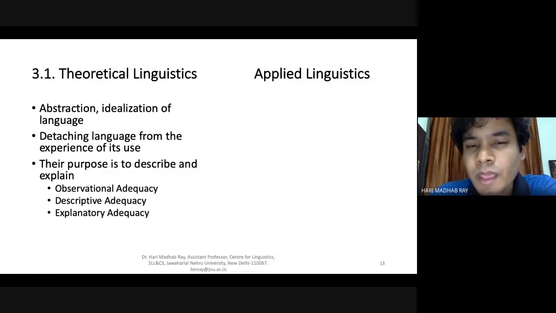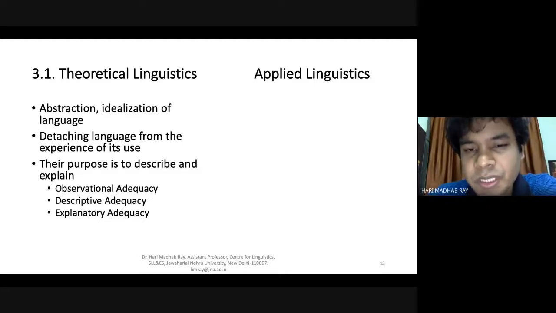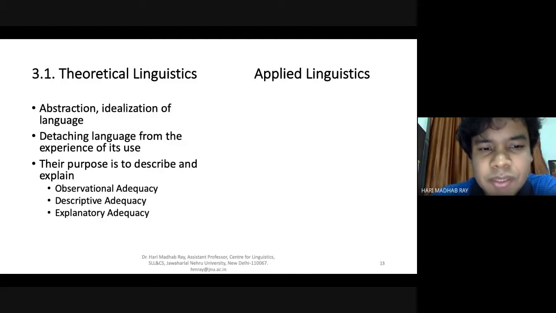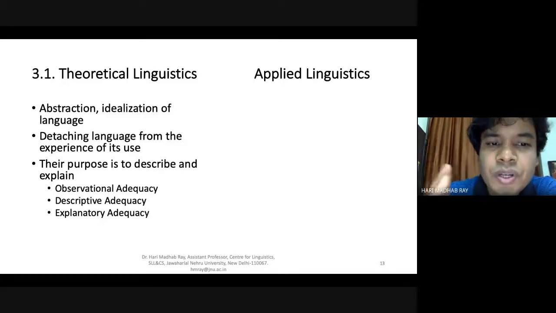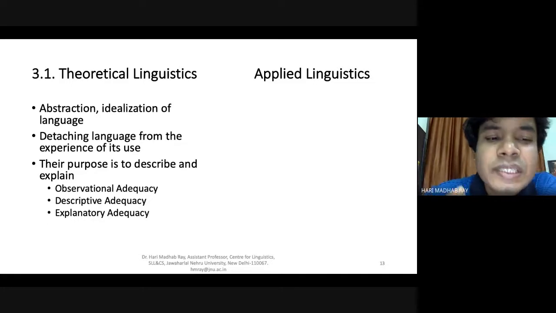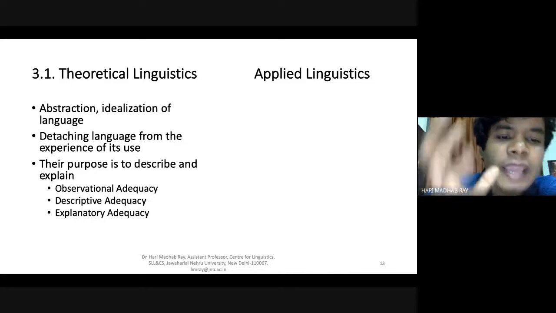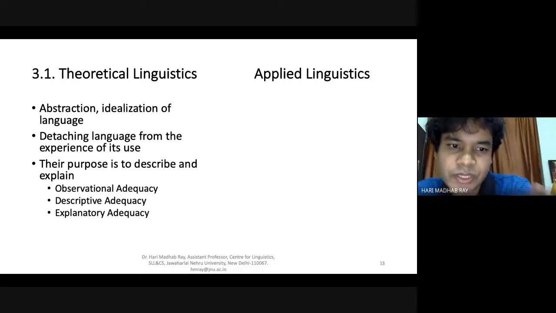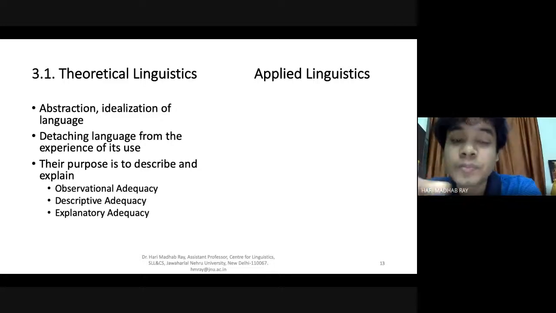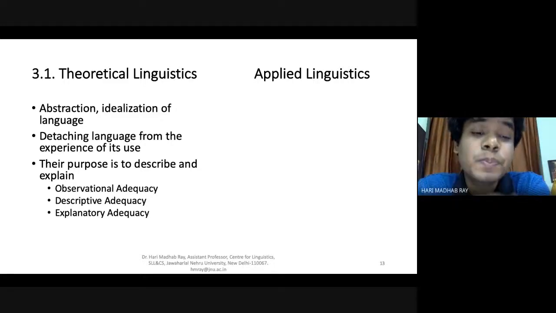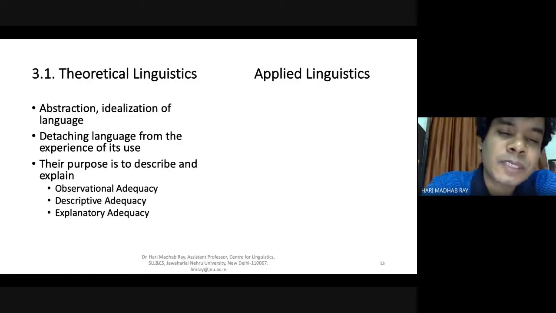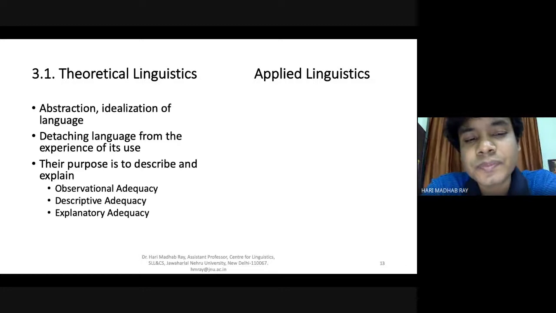Earlier, before Chomsky, in the structuralist paradigm, what was the goal of linguistics? To observe language, to describe, or to explain. This observational adequacy is mainly based on observation, and then they try to make a description of whatever they have observed so far.